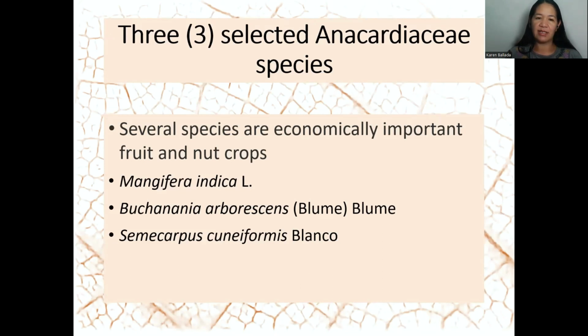In this particular study, I compared Mangifera indica, Buchanania arborescens, and Semecarpus cuneiformis, and these three are usually considered taxonomically confusing, especially when you are in the field or even observing press or herbarium specimens of these three.